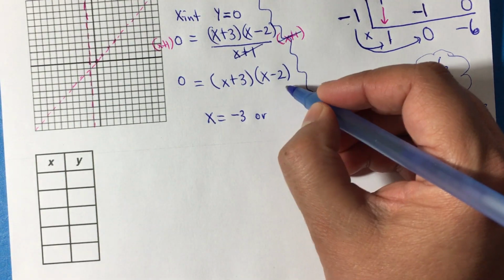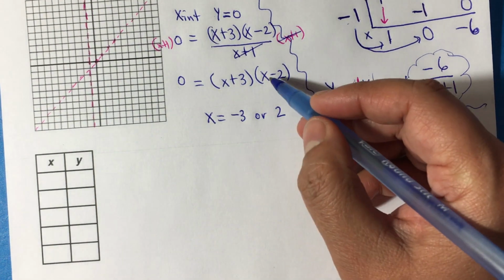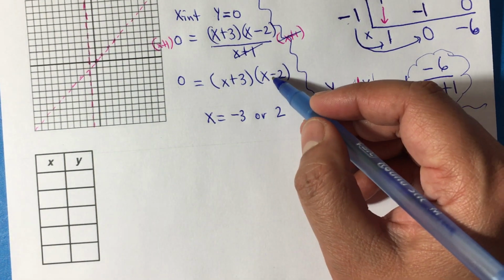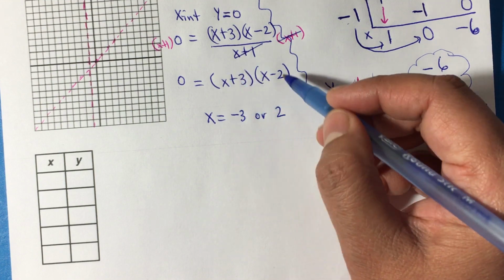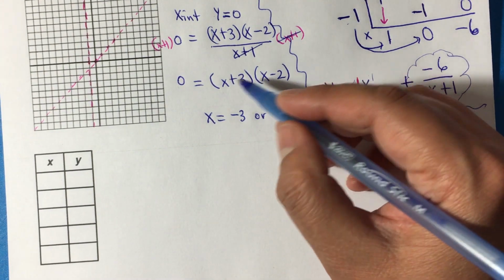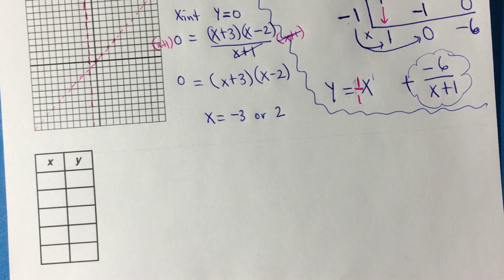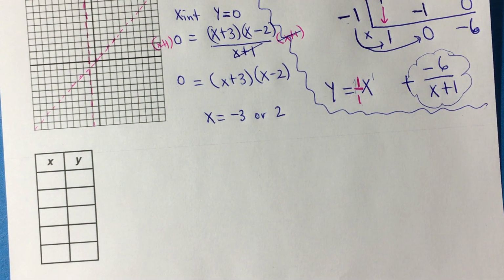Or if we want to make the second one 0, then this would need to be positive 2, because positive 2 minus 2 is 0, and 0 times 5 is 0. In other words, just get the opposite, if you notice.